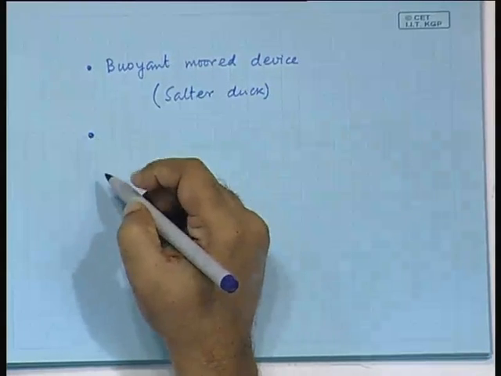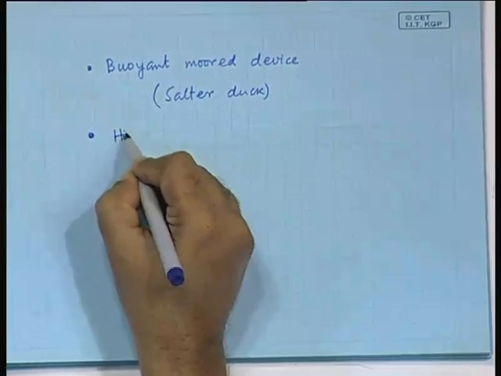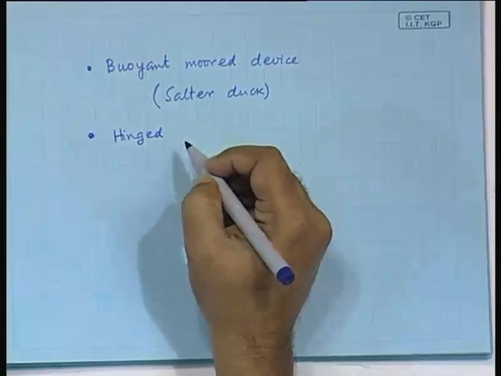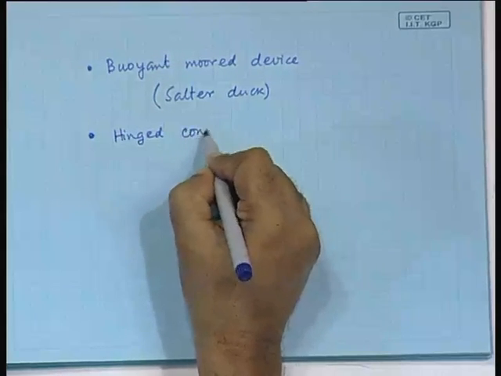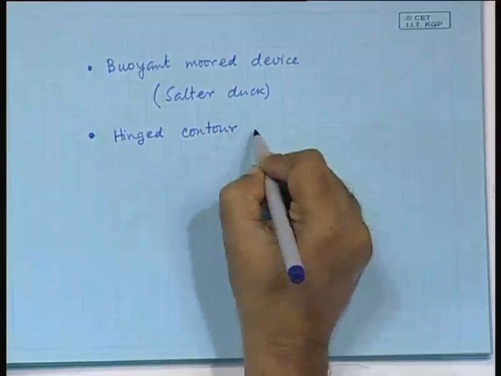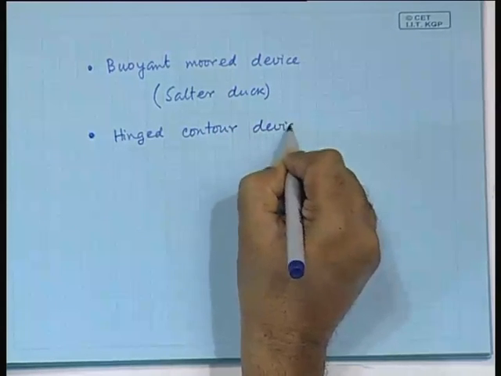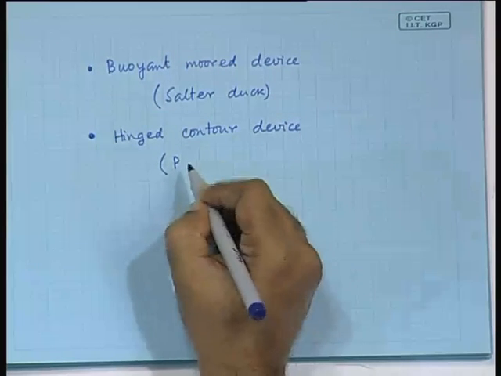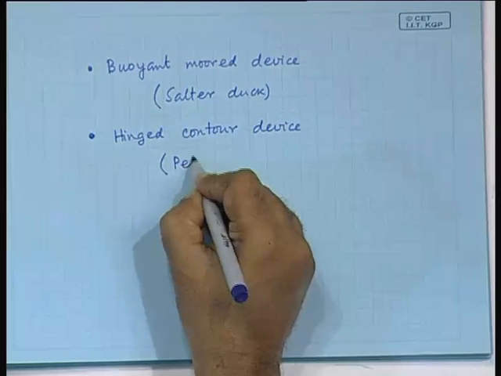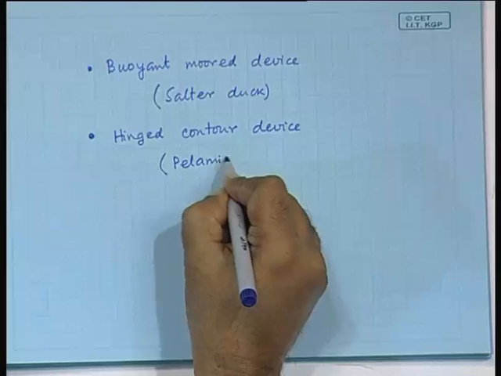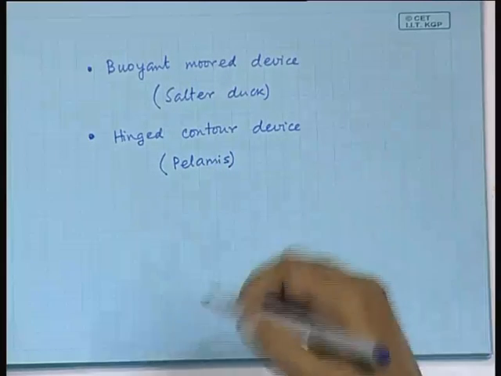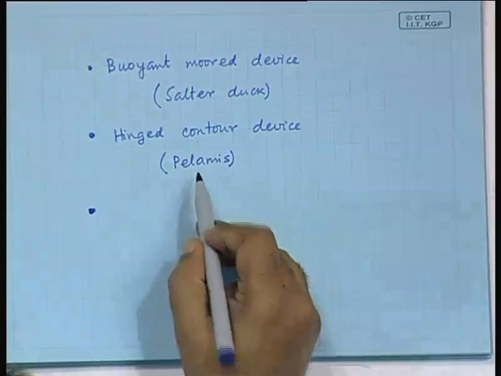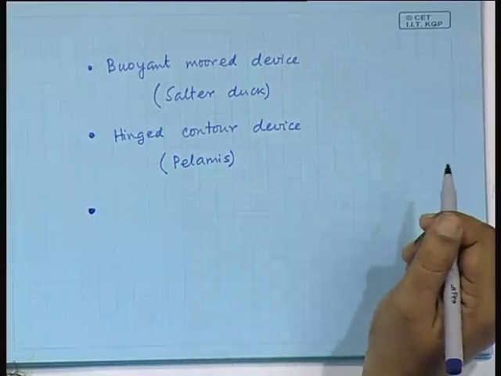The second idea is the hinged contour device. It is also called the Pelamis. I do not know which language this particular word comes from, but probably it is from Spanish.